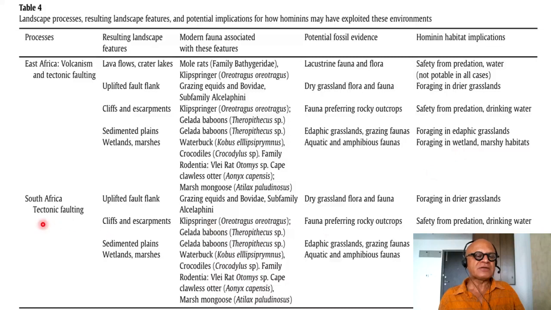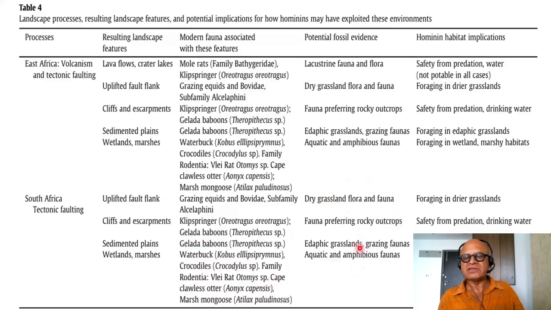The second one looked at here is South Africa tectonic faulting, uplifted fault flank, cliffs and escarpments, sedimented plains, wetlands and marshes. So the modern fauna that are associated with these include grazing equids and bovidae with subfamily Alcelaphini, klipspringer, baboons, waterbuck, crocodiles, rodentia, clawless otter, marsh mongoose.